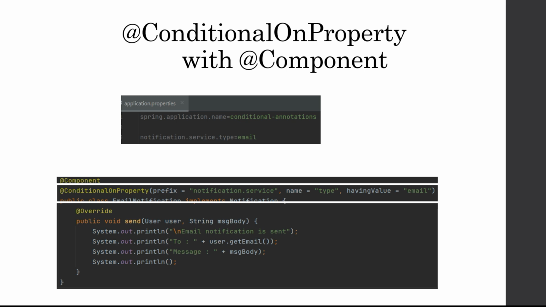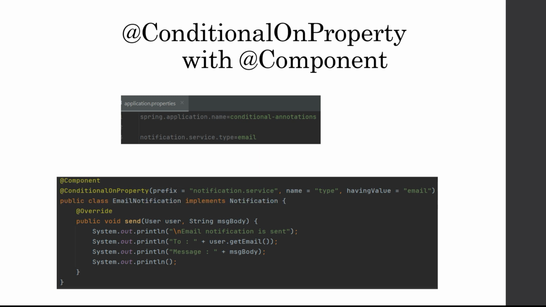conditional on property annotation. In the conditional on property annotation, we can see that we have three different attributes, which are prefix, name, and having value. The prefix attribute is basically used to group the related properties. So in this case, the properties which are created for notification, a particular prefix would be used to represent those notification properties.